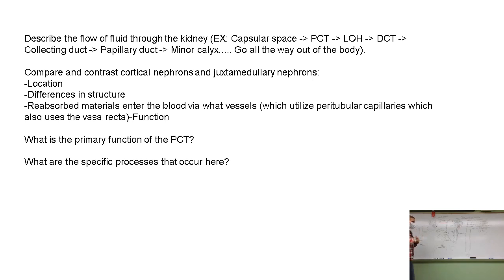Now, juxtamedullary nephrons, because they have this extra long nephron loop, have these extra vessels, these really long, straight vessels that go along that nephron loop. They still have the peritubular capillaries up top, but they have these extra vessels to go down around the long nephron loop. And those are the vessels of the vasa recta.